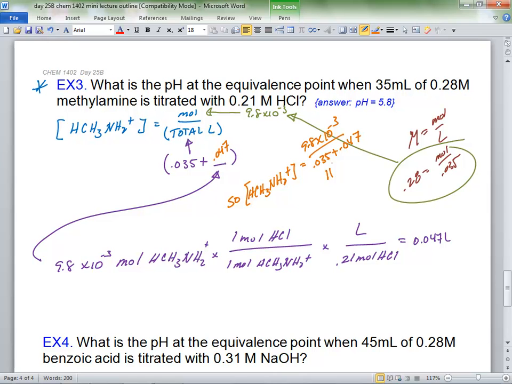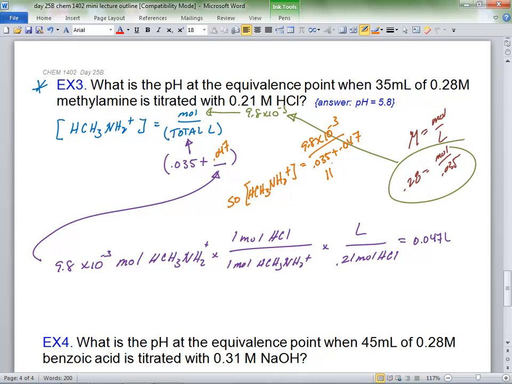What do you get for your initial concentration? 0.12? Okay. What did you get for your initial concentration, Eric? 0.12.